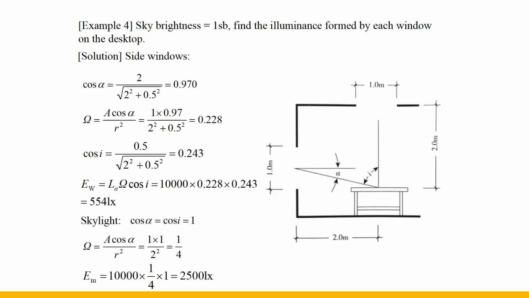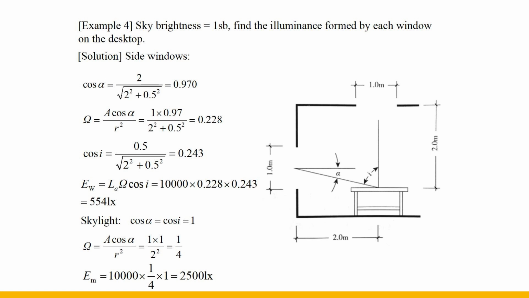Think of the window opening as a luminous surface whose brightness is equal to the brightness of the sky. As can be seen from the figure, the normal is drawn at the window opening and the center of the table, and the angle alpha and the angle I are marked. Since the brightness is known and we need to find the illuminance, the relationship between the brightness and the illuminance is used to solve it.